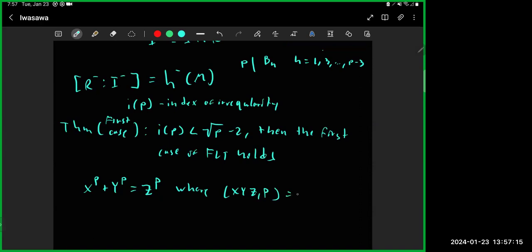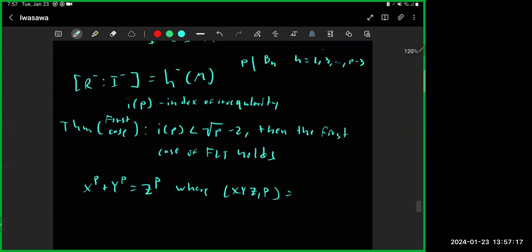The GCD of x, y, and z multiplied all together with p is equal to 1, so they're relatively prime. The second case is when this GCD is equal to p itself, and that's a far more complicated case to handle, and it has more complicated conditions for when it actually holds.